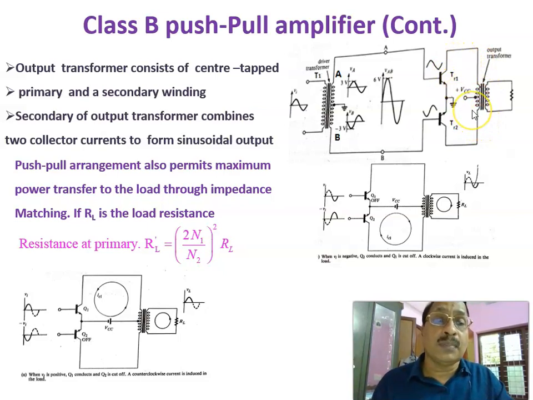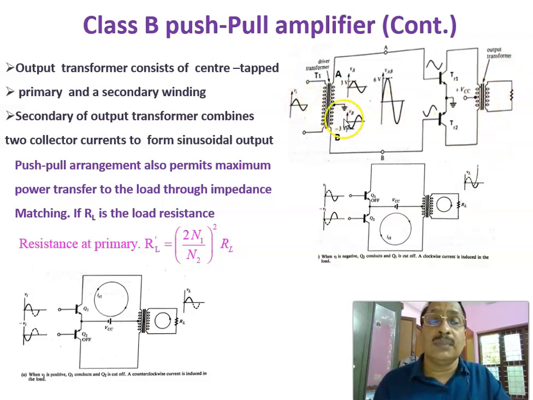Looking at the dot representation, the current flows like this and leaves the dot at the primary, so the output current will also leave the dot at the secondary, and you will get a positive sinusoidal voltage across the load during the positive half cycle of the input.